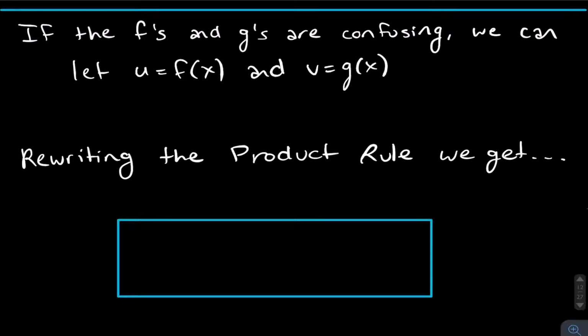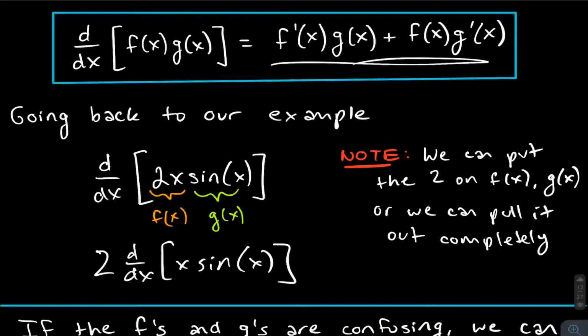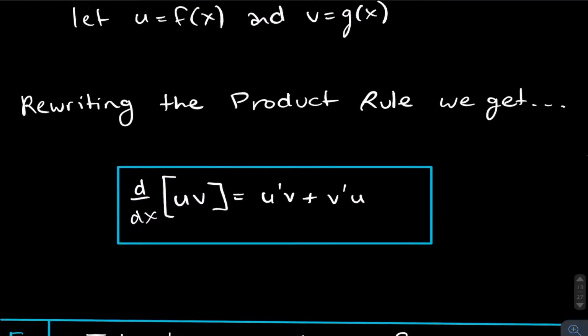We can rewrite the product rule like this: the derivative of u times v is u prime v plus v prime times u. That's a lot nicer than this mess. If you want to write it like that, I definitely would advise it.